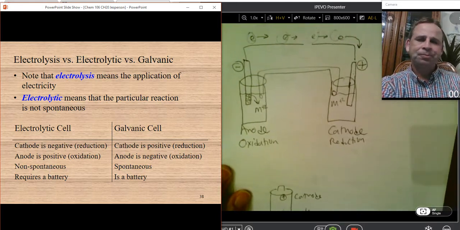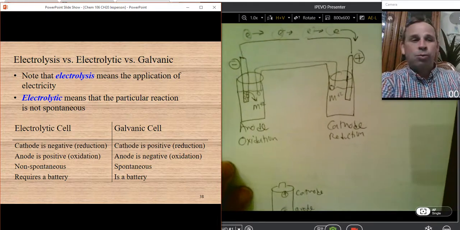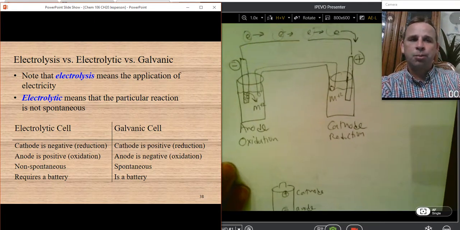All right? But in an electrolytic cell, the cathode is identified with a negative value, and the anode is given a positive value. So what's occurring there? Well, in an electrolytic cell, it's like charging a battery.